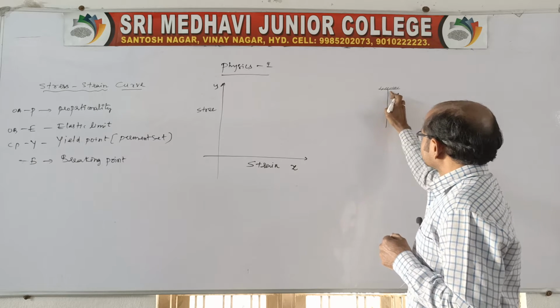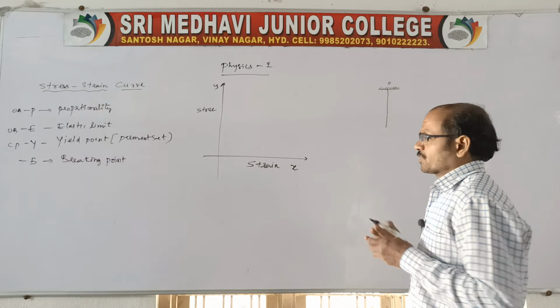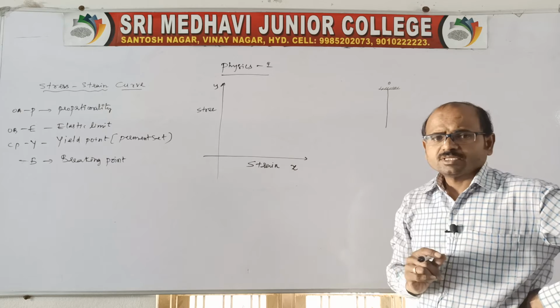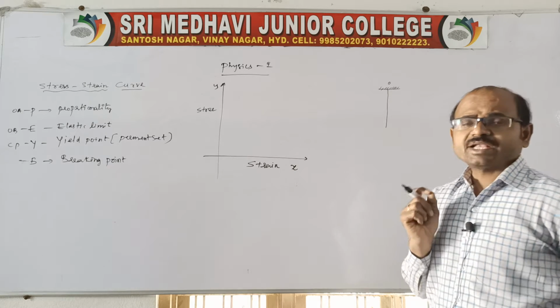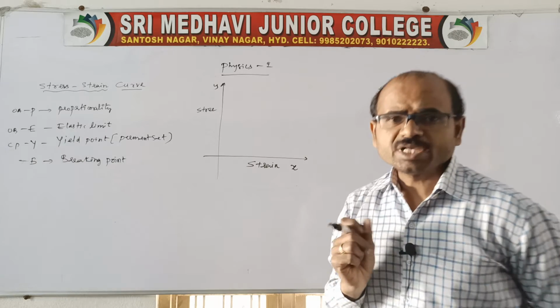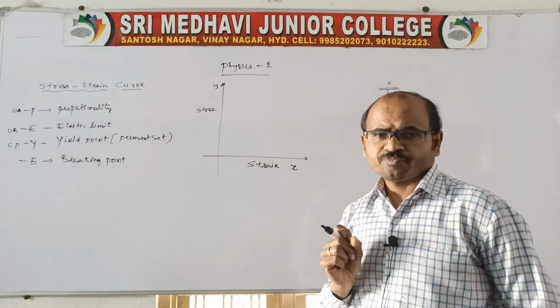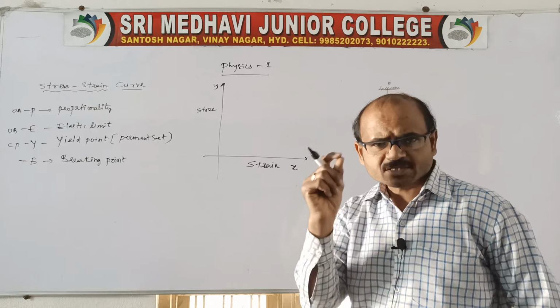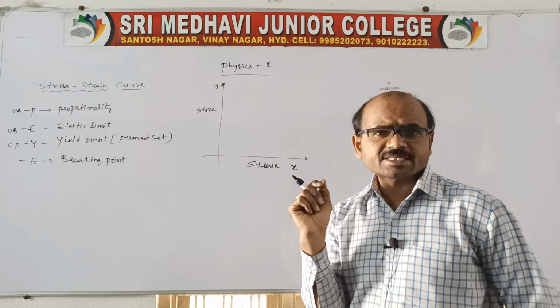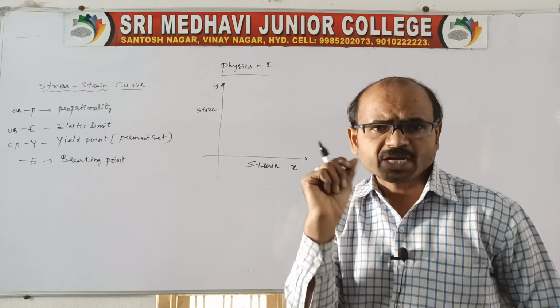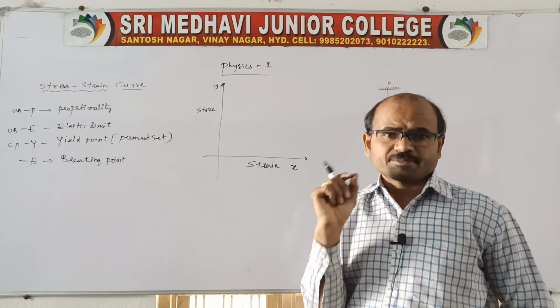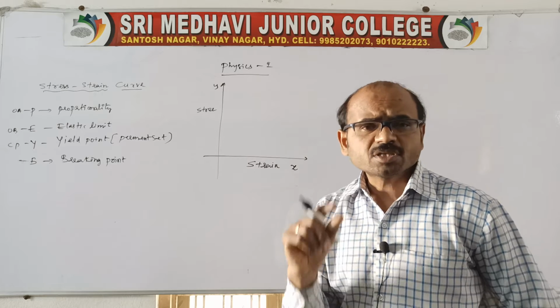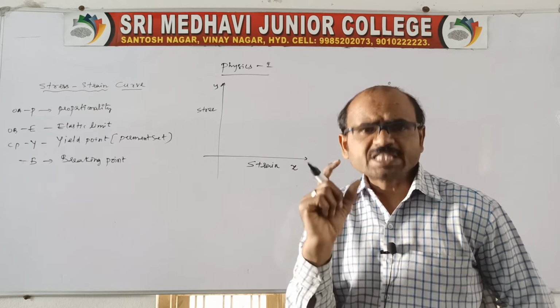A load, that is a weight, is to be added to the free end. When load is added, that means a stress is applied, so proportionally strain is produced in the wire. And remember, the load must be added within the elastic limit.